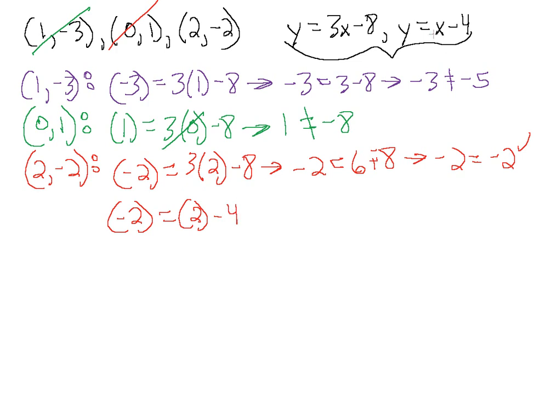We're just plugging it into the second equation. This gives us -2 equals 2 plus a negative 4, which is -2. That actually works out again. So we know that the point (2, -2) is indeed a solution to the system of equations. This is the point where the two lines intersect.